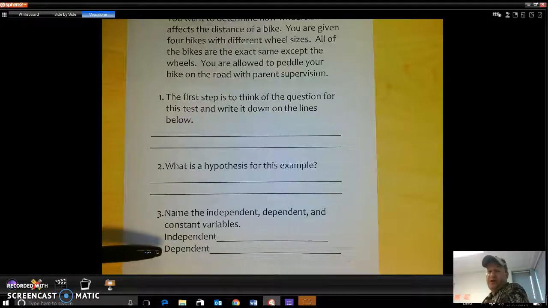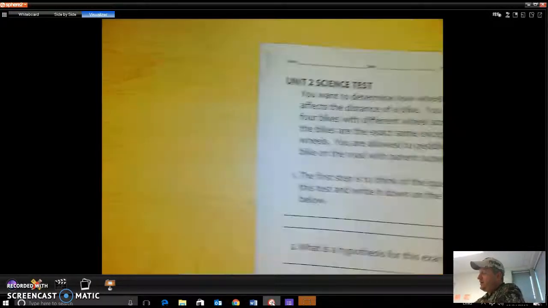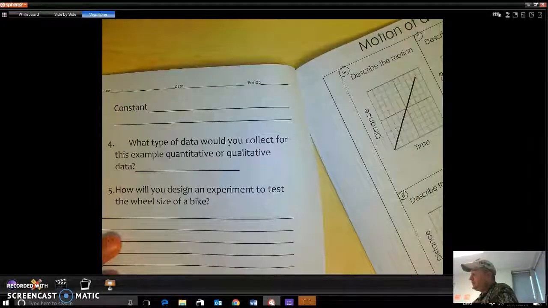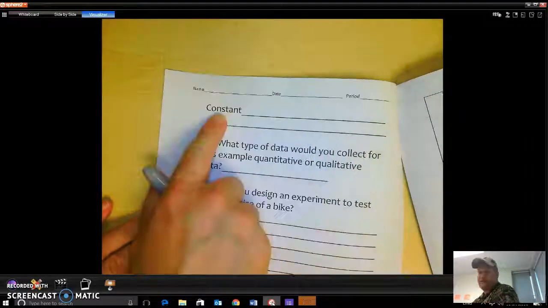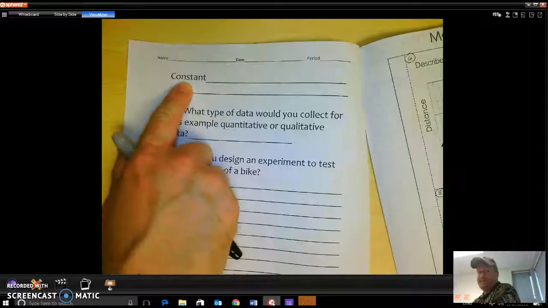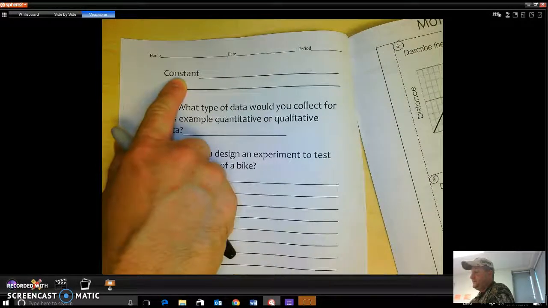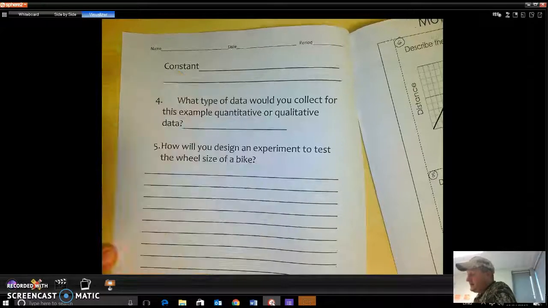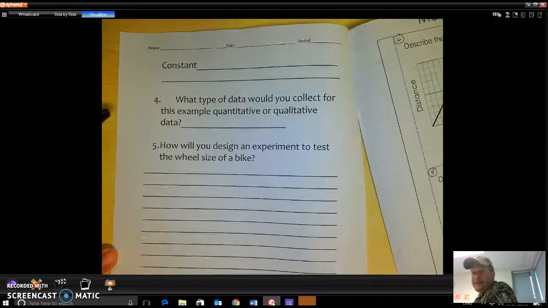What will be the results? And then on the back, think about what things will stay constant or the same in your experiment. Give you a second to go ahead and put down your answers. You can always pause if you need extra time.